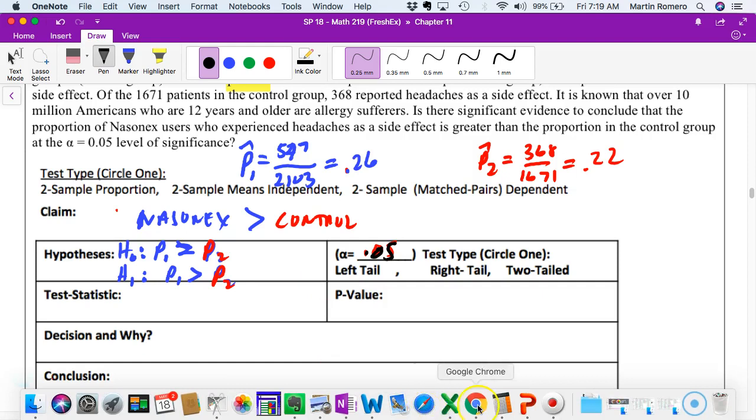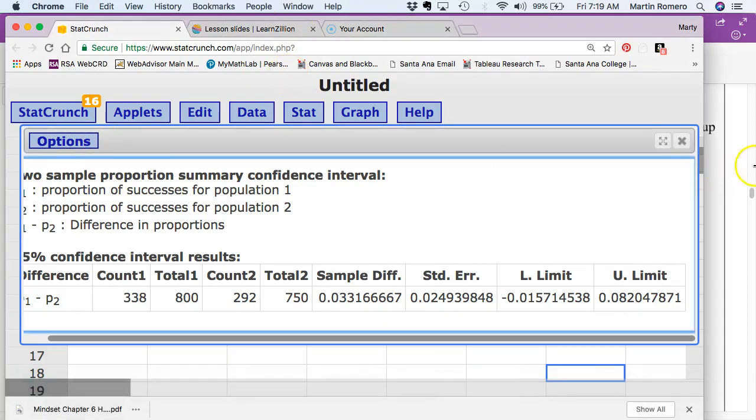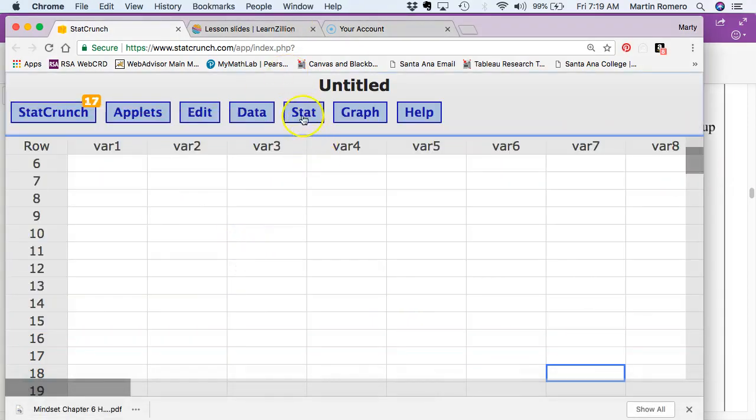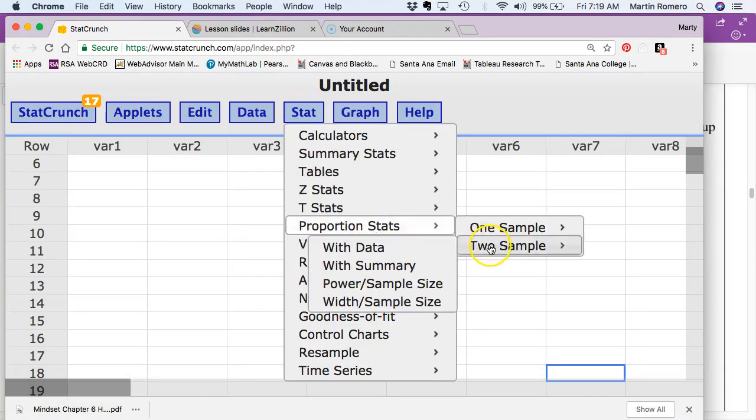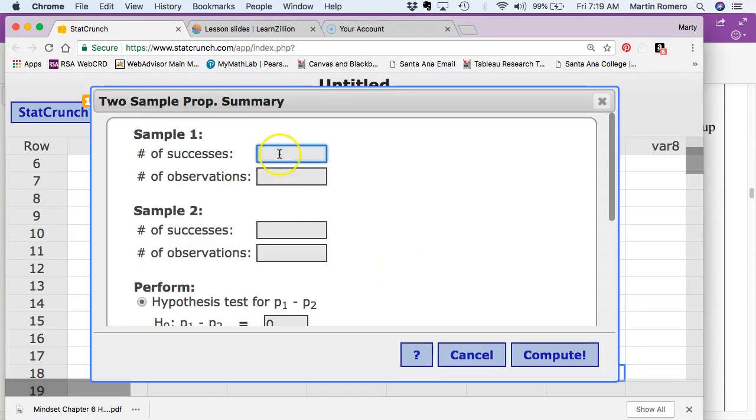So you go back to Stat, Proportion Stats, Two Sample, With Summary. Let's put it in for the first group: 547 successes out of 2103.